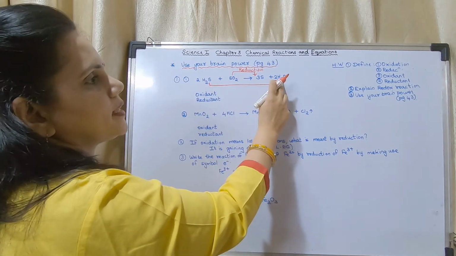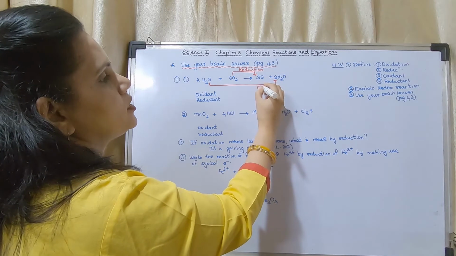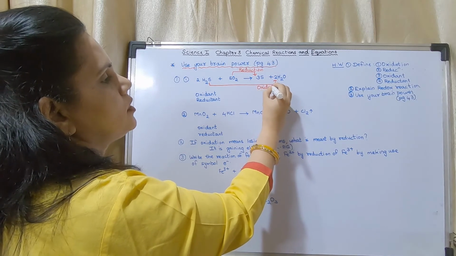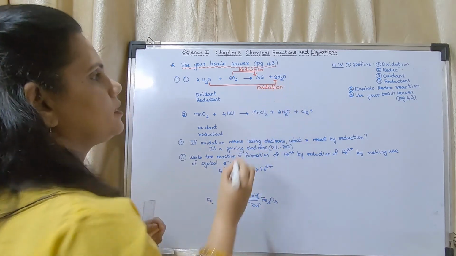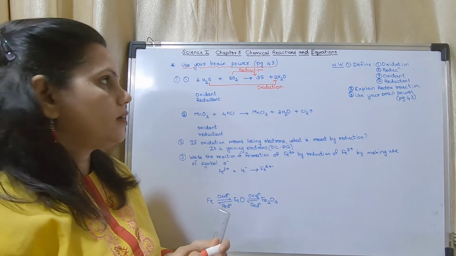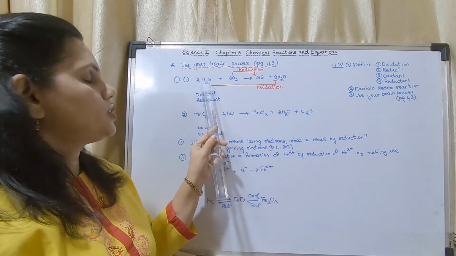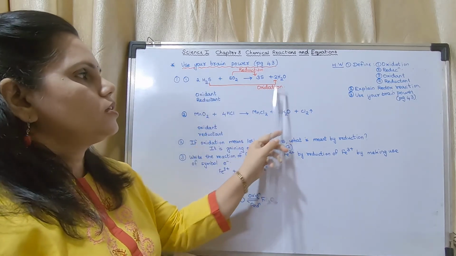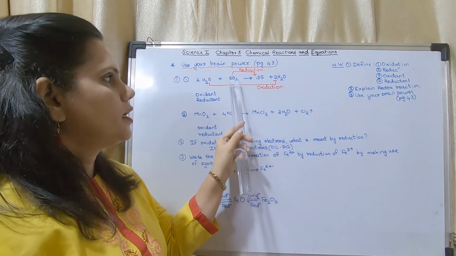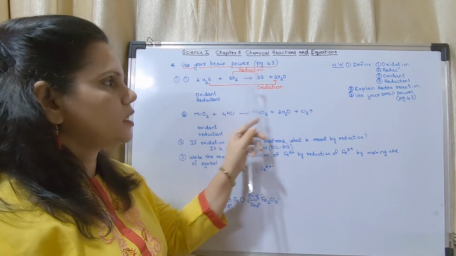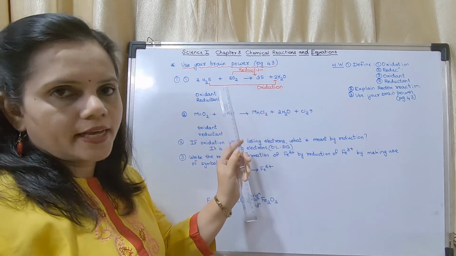Here H2S is gaining oxygen, so it is an oxidation reaction. Okay, did you understand what I did? Here H2S is gaining oxygen, so it is oxidation. SO2 is losing oxygen, so it is reduction.